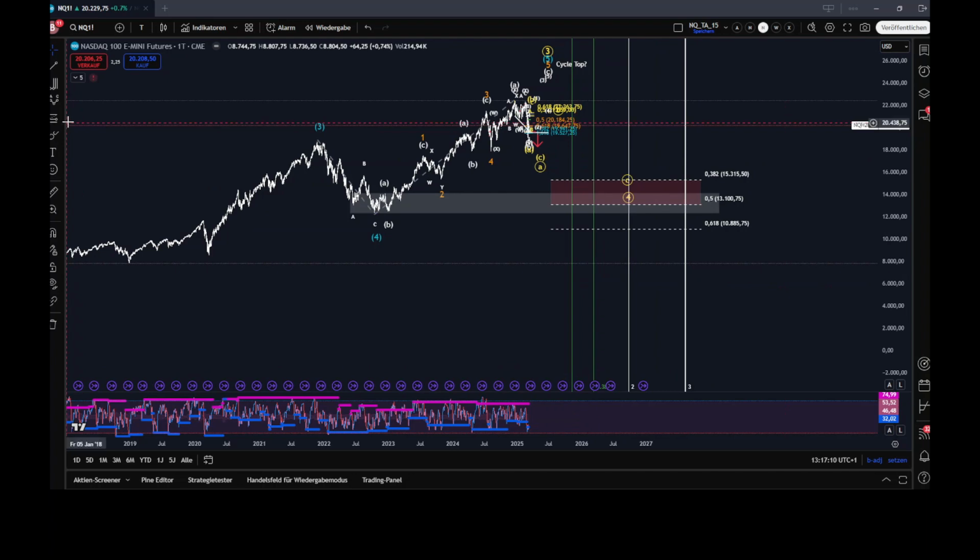So that would come into play after the 11th of November 25, and also between the 1.382. So this could take a little bit longer, but it should be finished around, and not much more than the two times FIB time. So that would indicate that wave 4 is 2 times longer than this wave 4. Okay, so that's at the moment the scenario. It should end in between. I'm going to tell you exactly.